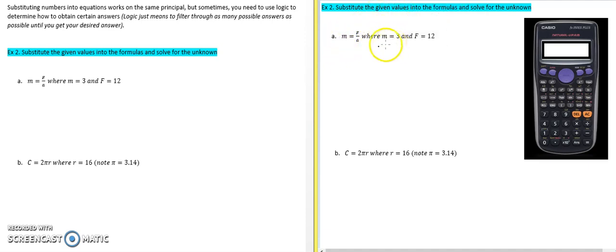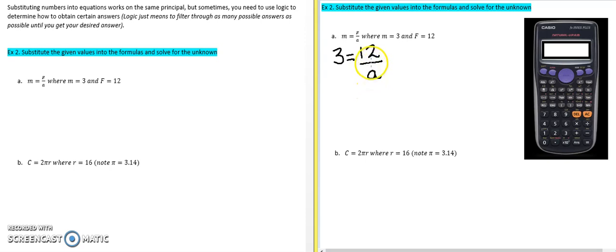So in this case, instead of M, I'm going to write 3. And 3 is equal to 12 over A. Because there's nothing equaling to A here, we're just going to leave it as A. So right now we have this equation that says 3 is equal to 12 divided by some number which we don't know.